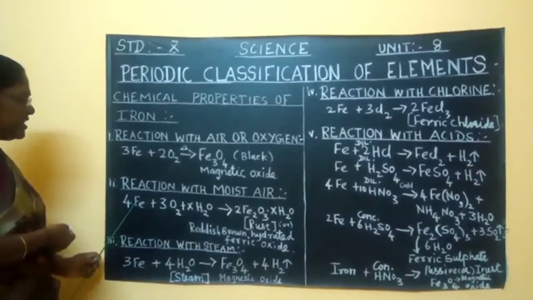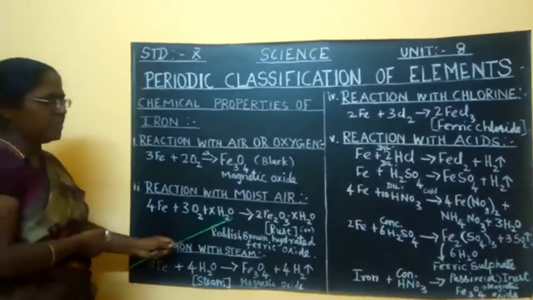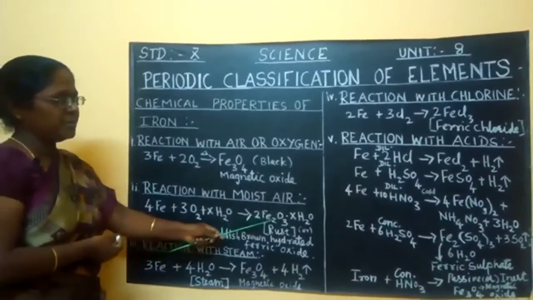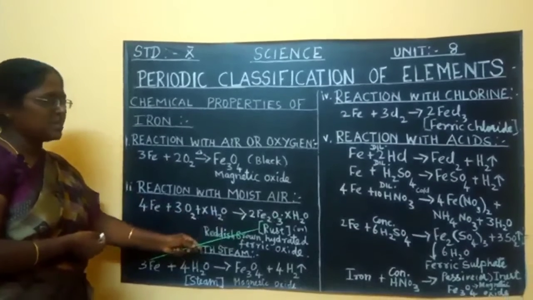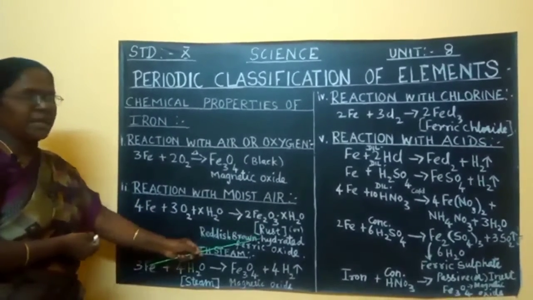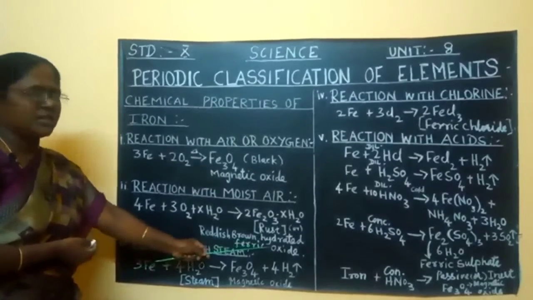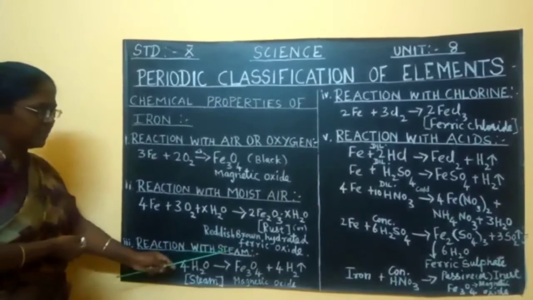The reaction is Fe plus O2 plus H2O. It forms Fe2O3.xH2O. This is called rust, or you can say reddish brown hydrated ferric oxide. The third reaction is reaction with steam.